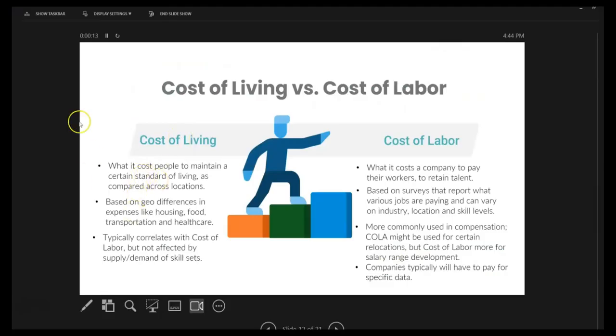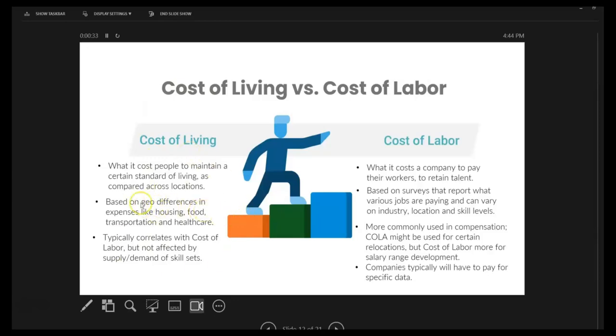Okay, so this is one I covered previously where I was looking at cost of living versus cost of labor. And so when we're looking at the IMF data, that CPI index, the way they come up with that is described here in cost of living.